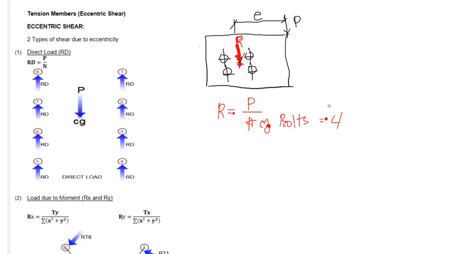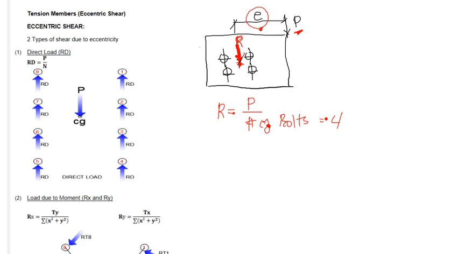However, when we consider naman the eccentric shear loading, yung load na i-carry nung bolt natin is not equal. So, looking at this figure, yung load natin na P is located at a distance of E. So, ito yung distance natin.